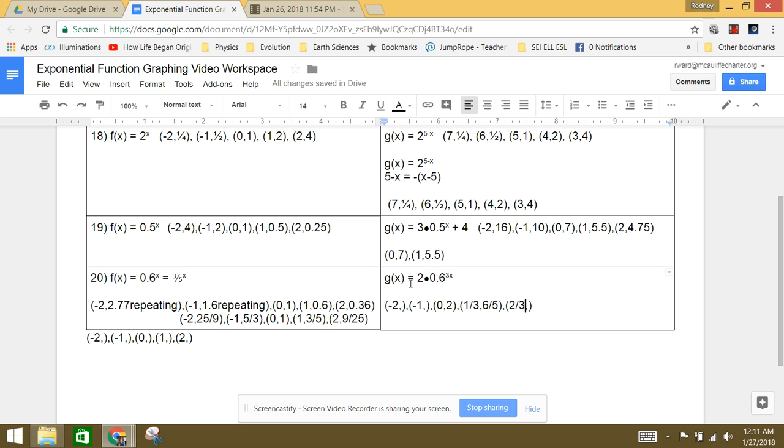But then I have to double it because I've got this initial value. So 9/25 becomes 18 over 25. You could get a decimal version of that: quadruple the numerator, quadruple the denominator, you'll get 72 over 100, and that's 0.72.